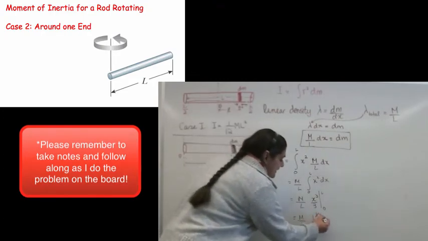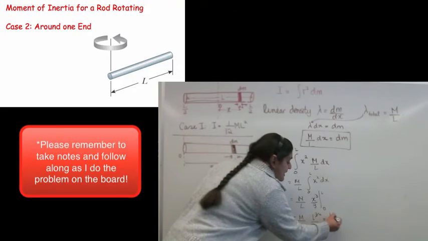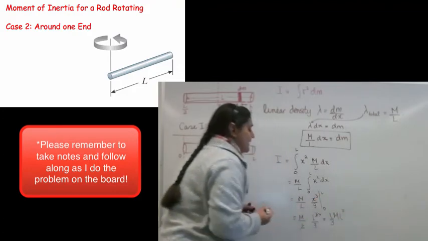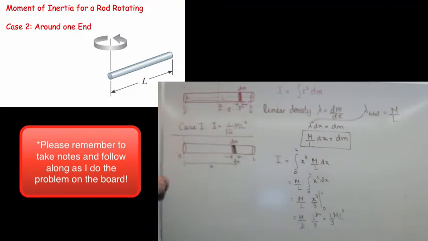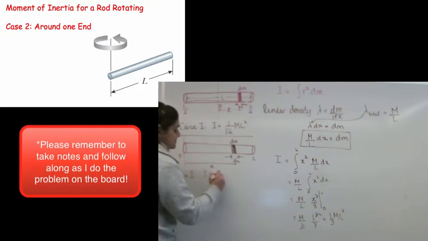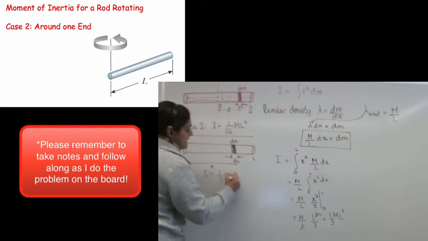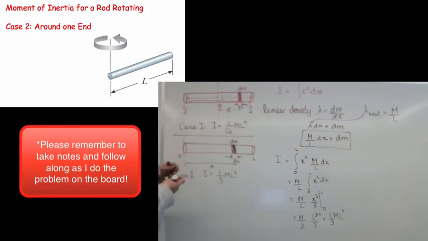L goes away, and I get 1/3 mL squared. So for case 2, my moment of inertia is going to be 1/3 mL squared. Notice that for case 1 this was 1/12 and this was 1/3, but they have the same masses and the same lengths. So the moment of inertia depends on where the axis of rotation is.